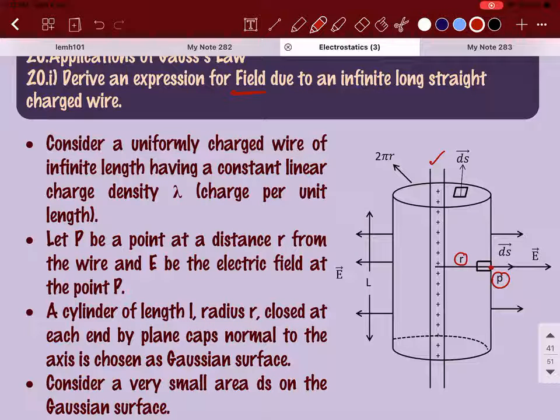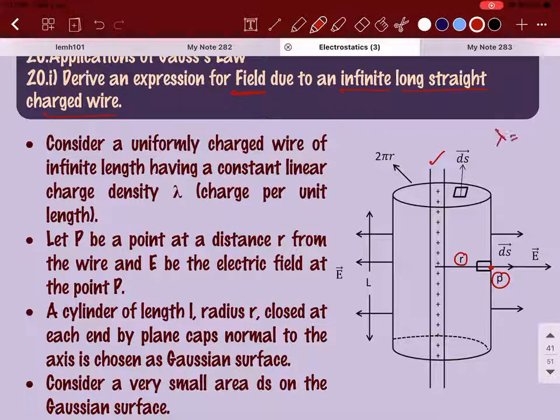First, consider the type of charge distribution and define the type of charge density. The problem is to derive an expression for the field due to an infinitely long straight charged wire. There is a wire which is charged and it is linear in nature. Then what are we supposed to do here? What do we do first?